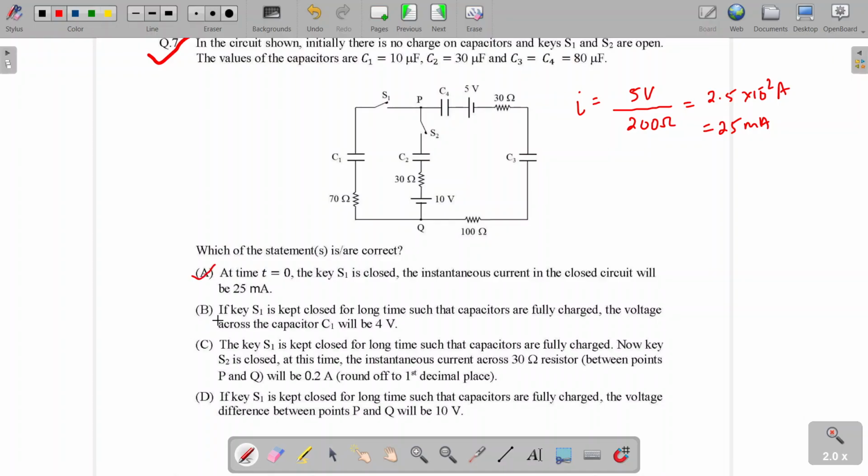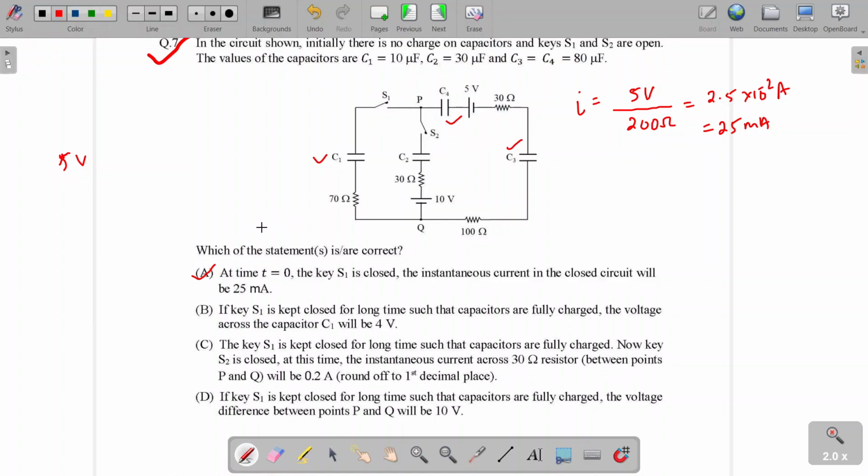Option B is if S1 is kept closed for a long time so that the capacitors are fully charged, the voltage across the capacitor C1 will be. Now when the capacitor becomes fully charged, the resistance in the circuit becomes of no consequence, and we can simply say the voltage, which is 5 volt, will be distributed across all the capacitors C1, C3 and C4.